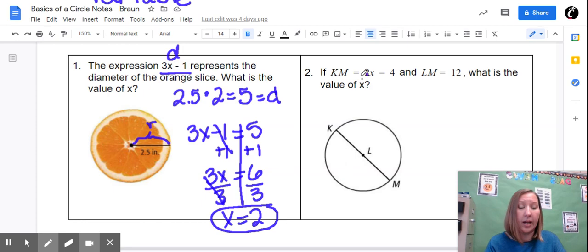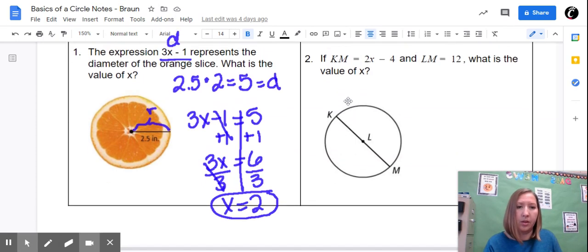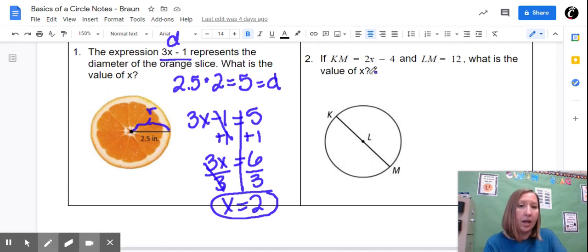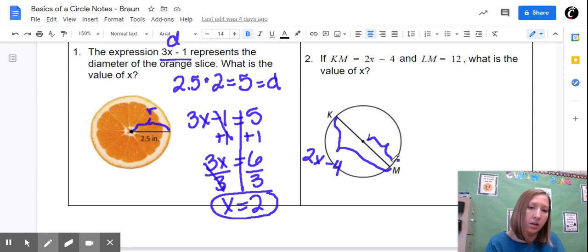All right, so taking a look at question 2, let me scroll up a little so we have more space. It says if KM equals 2x minus 4. That means this whole line segment here is 2x minus 4. And LM, that means this part here, is 12. We want to know the value of x. Okay, so we have a similar problem to what we had in the last one.